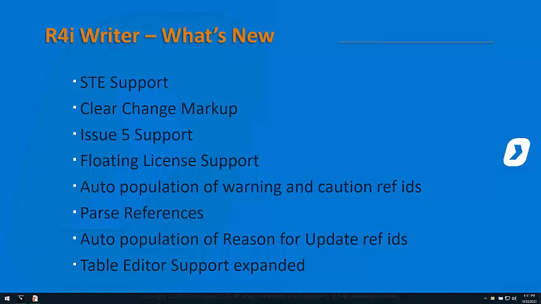So after a bit of discussion in-house, we've been able to get it to the point now, similar to what we do with the insertion of IDs, where it automatically populates and gives you a suggested ID. We can now actually populate the IDs for warning and caution refs. So it does make authoring that little bit easier for us to be able to see that information.